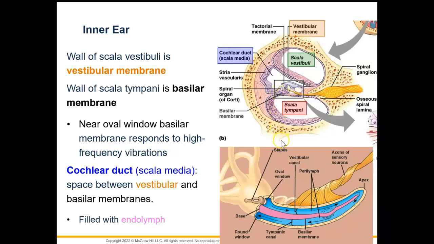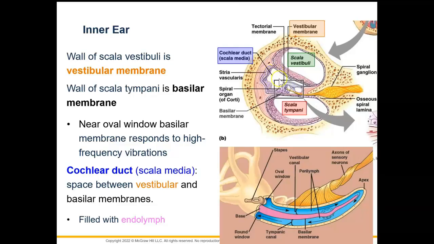If we look at this near the oval window, the basilar membrane is going to respond to high frequency vibrations. So remember, the low frequency was closer to the helicotrema, whereas the high frequency is going to be closer to the oval window area.